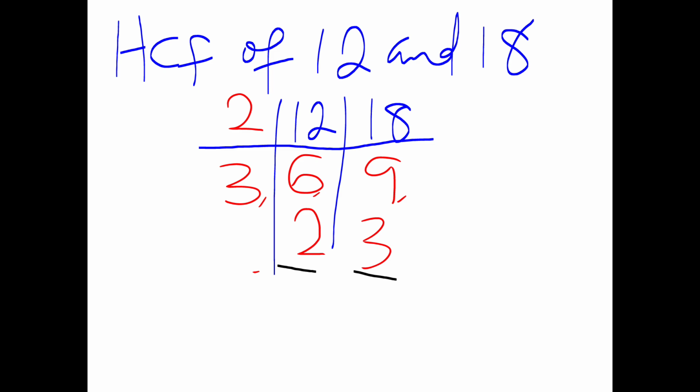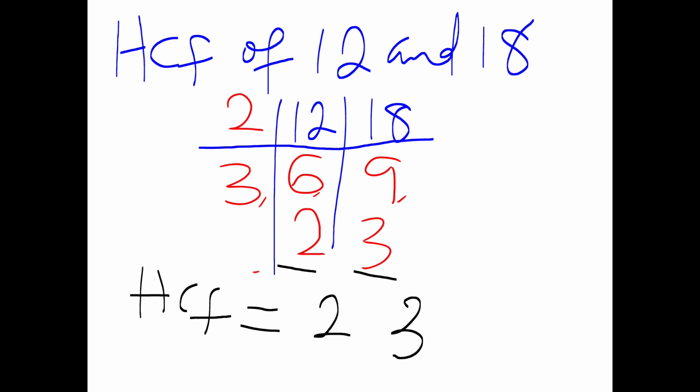Do you get that? And as such, our HCF for 12 and 18 is 2 and 3. We multiply them. Unlike the previous method, where we just put a comma, in this case, we multiply them. So 2 multiplied by 3 gives us what? 6. Can you see it is easy also?